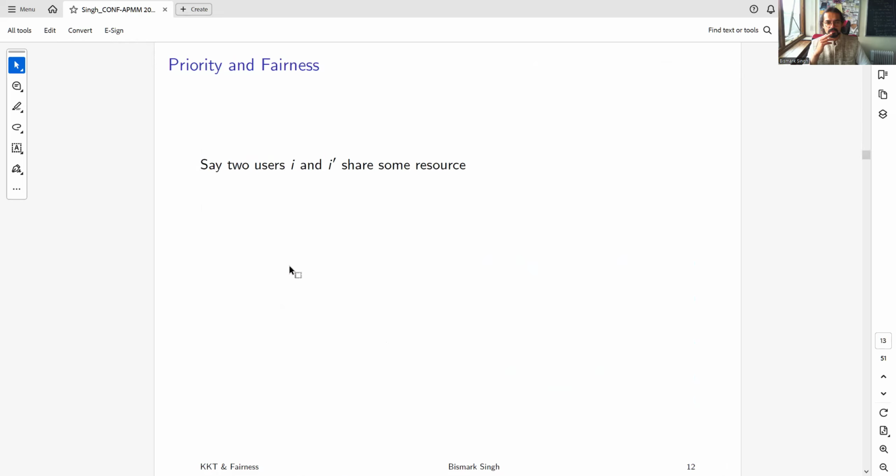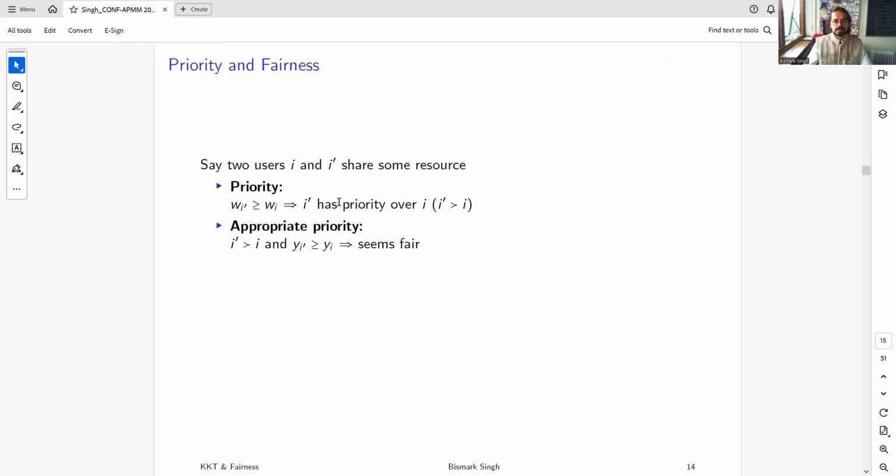So we've got two users, i and i prime, and let's say they share some resource. So we would say that i prime has a priority over i when the weight of user i prime is larger than that of i. So that's just data.